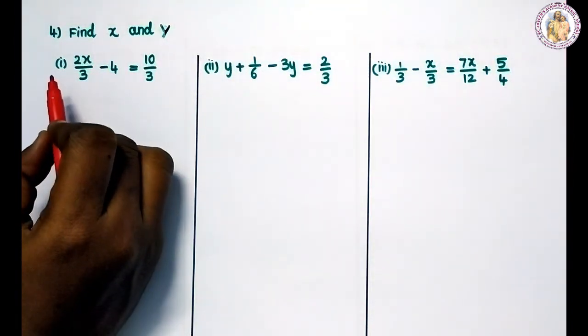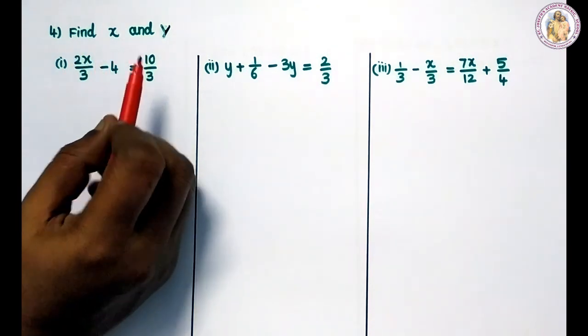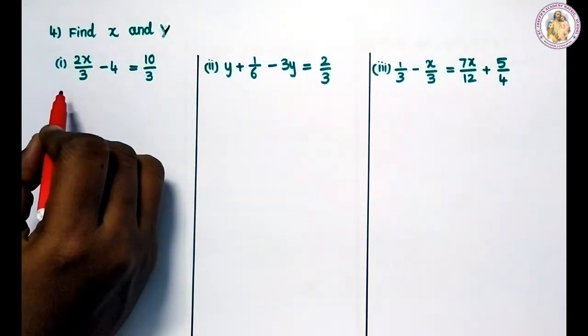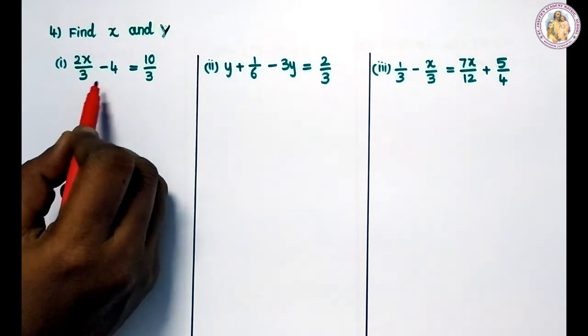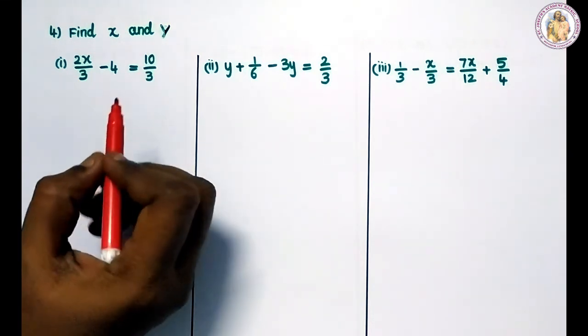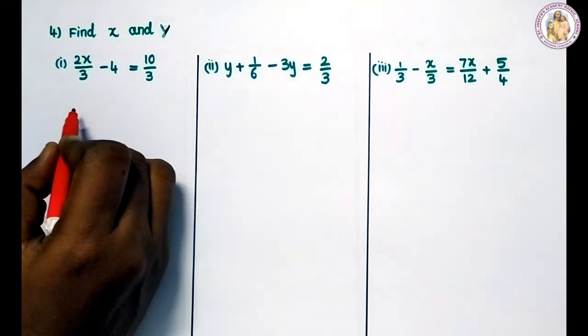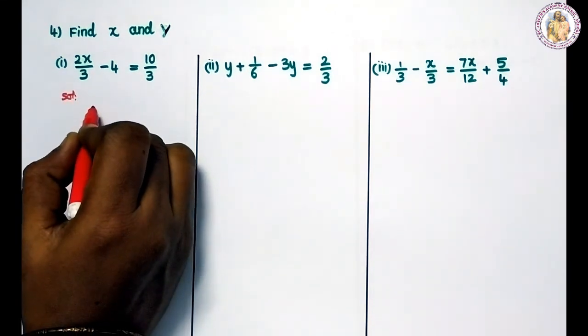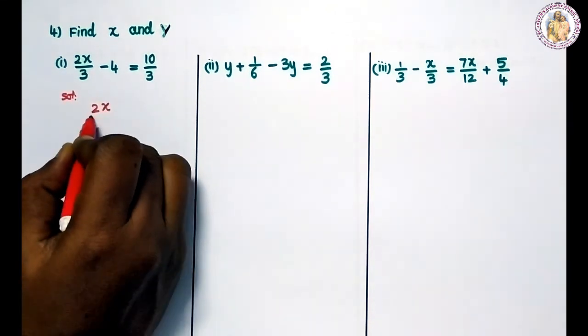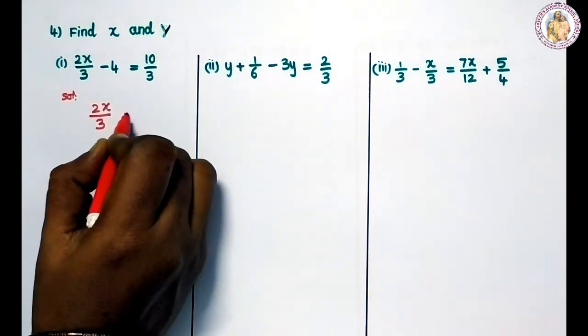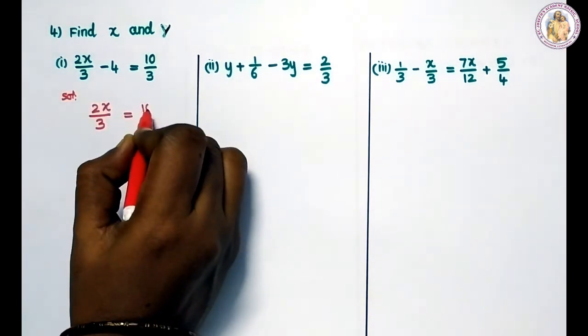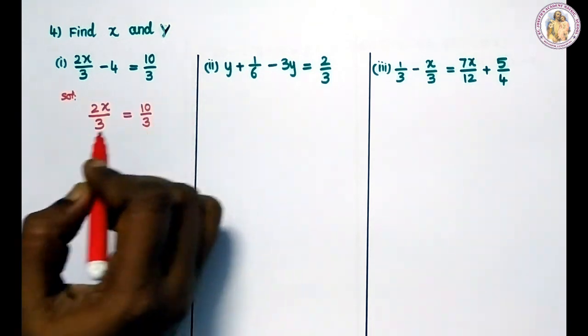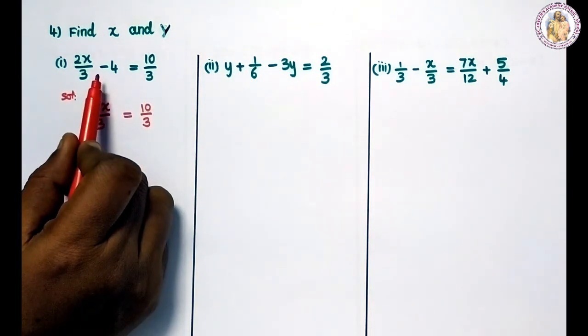Fourth sum. Find x and y. First subdivision, 2x by 3 minus 4 equal to 10 by 3. Listen here. First step, minus 4.